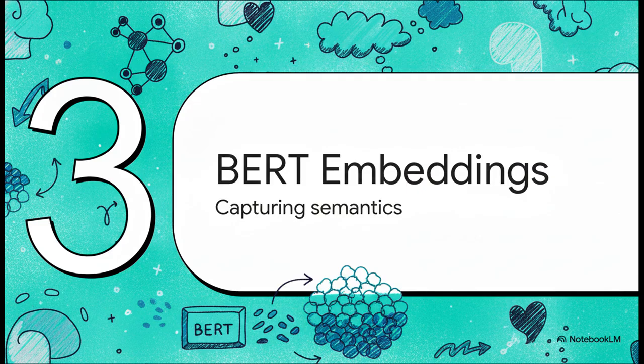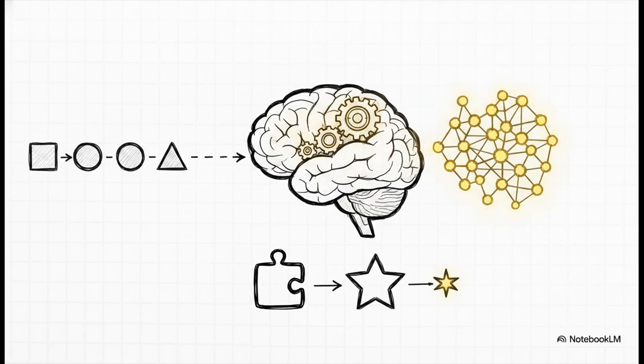These little numerical IDs are the actual language that the BERT model understands. All right, Section 3, Generating BERT embeddings, capturing semantic meaning. Now, this is where the logic behind BERT embeddings really shines, and where the real transformation takes place. We take those numerical token IDs and feed them directly into the BERT model, which generates what we call dense semantic embeddings. The underlying logic here is just brilliant.